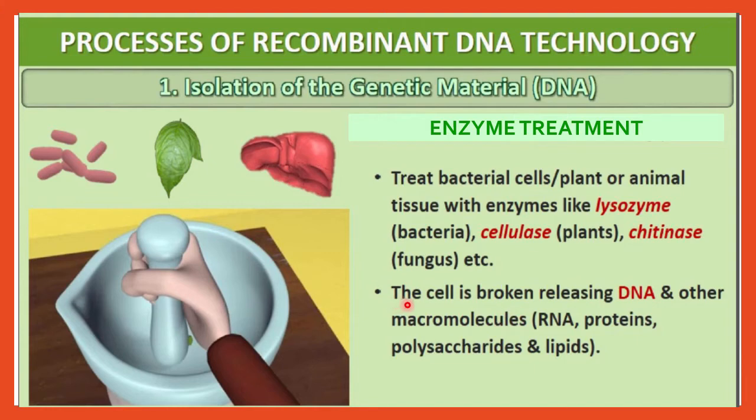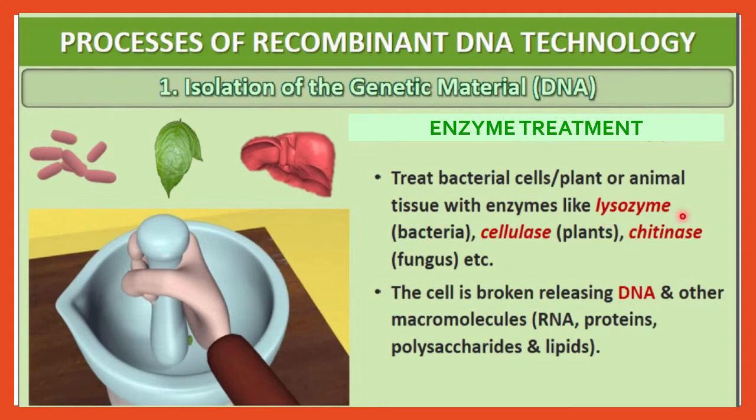Whenever you remove the cell wall, after the treatment with lysozyme, cellulase or chitinase, you don't use all the enzymes together. It depends on the individual enzyme utilization, because you may be using bacteria, plant cells, or fungal cells, depending on the type of cells.